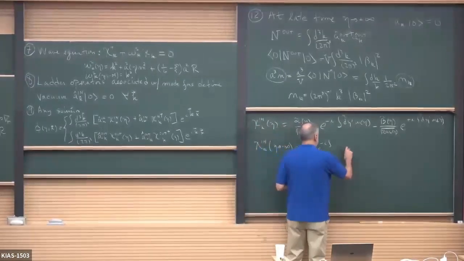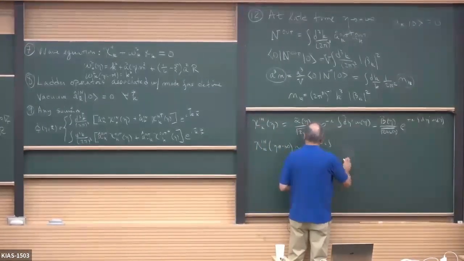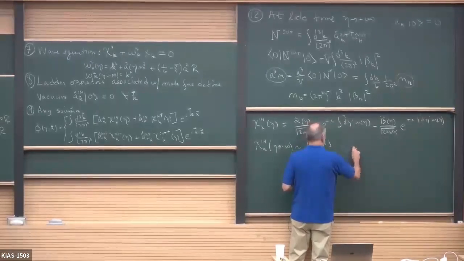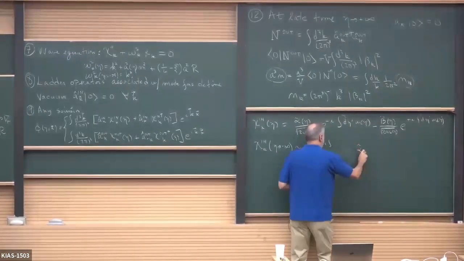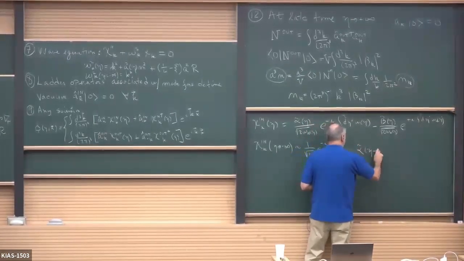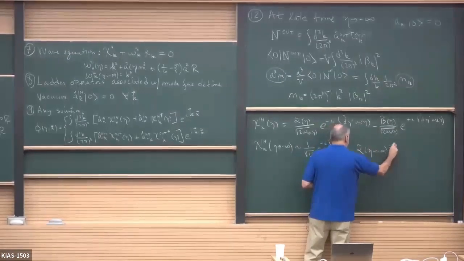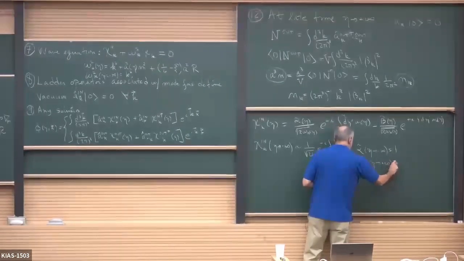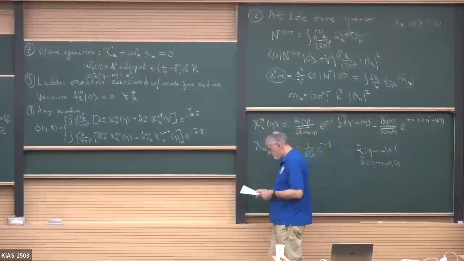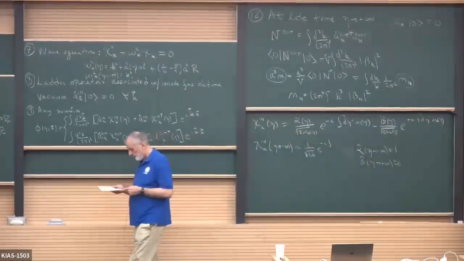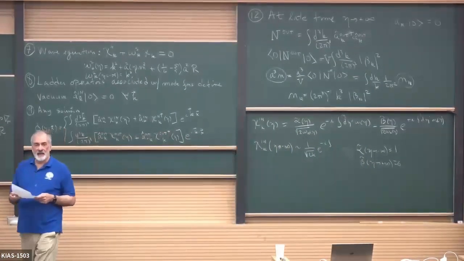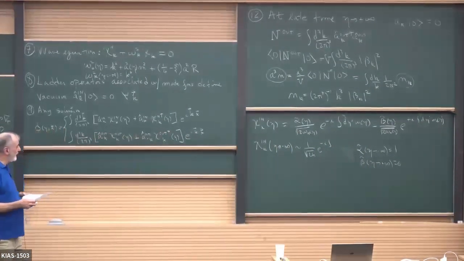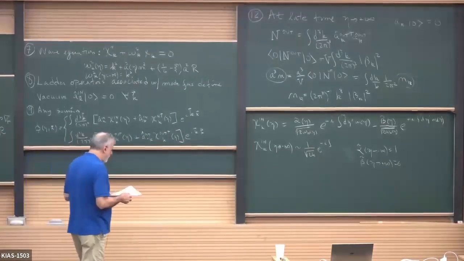So alpha tilde of eta going to minus infinity is 1, and beta tilde is 0. Now, will this be a good solution for all time?